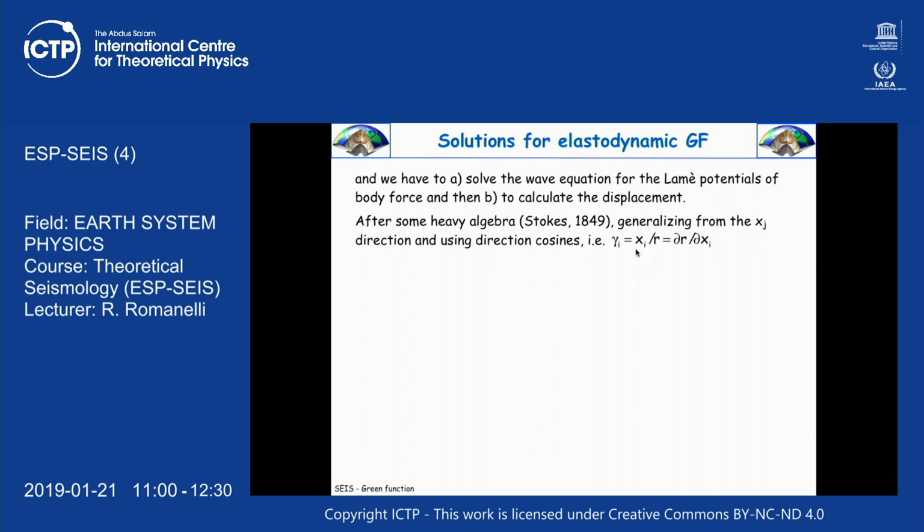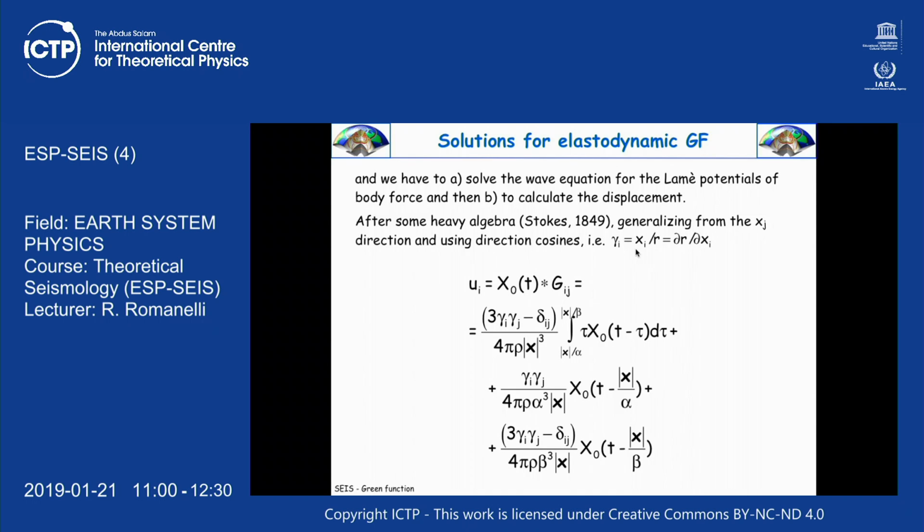And you will see that in this case, the direction cosines will give a relatively simple radiation pattern. Is it nice? No, it's not. But it's nicer than to compute it. So let's trust Sir Stokes and let's give a look to it.